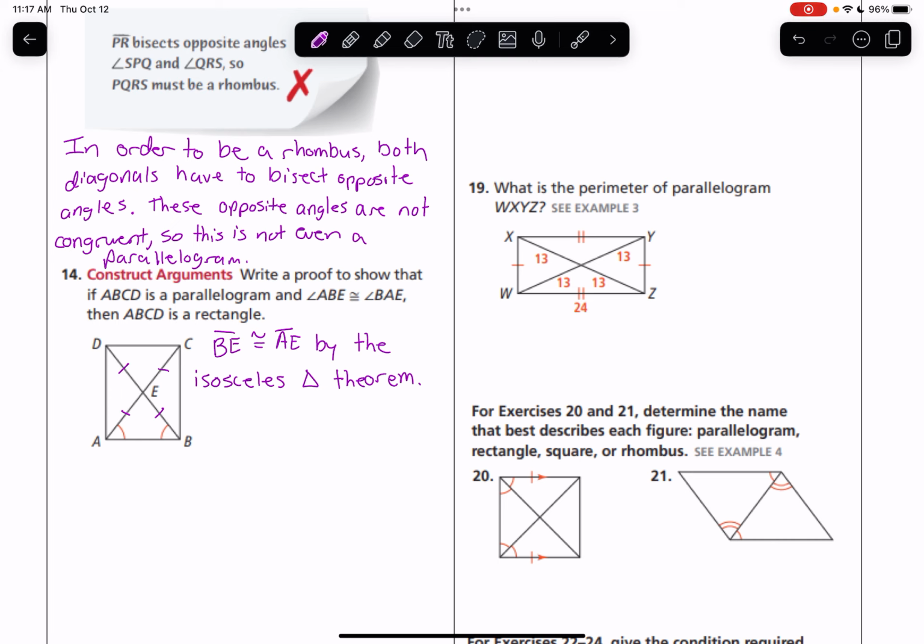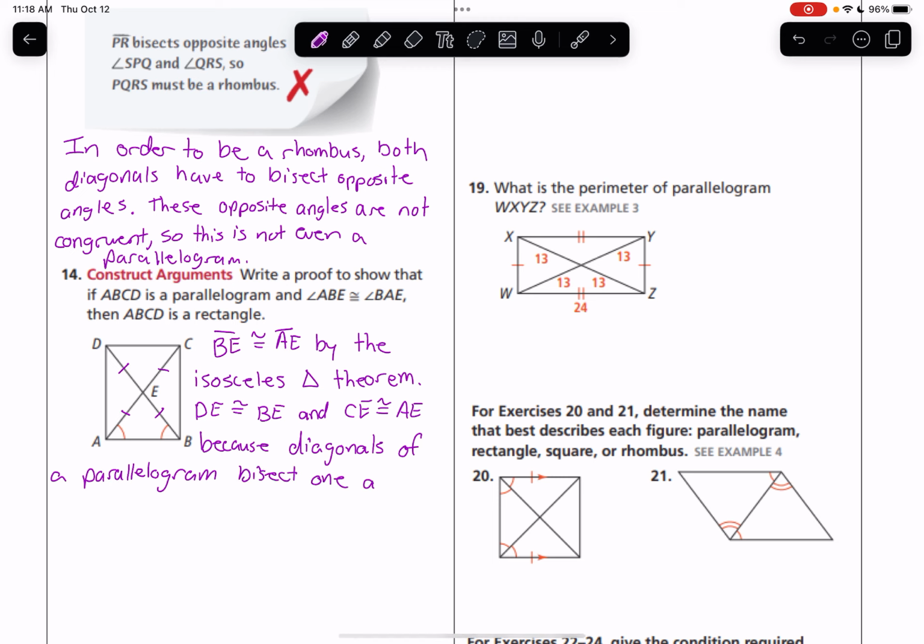So what I can say there is DE is congruent to BE, and CE is congruent to AE, not CA, whoops, because the diagonals of a parallelogram bisect one another.